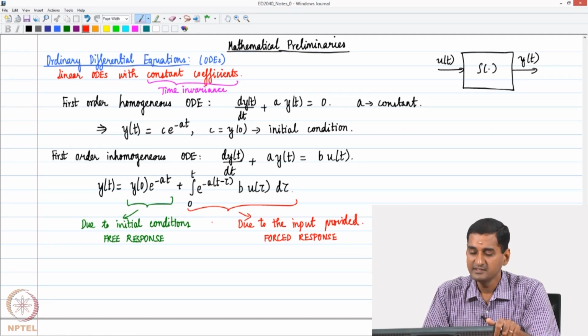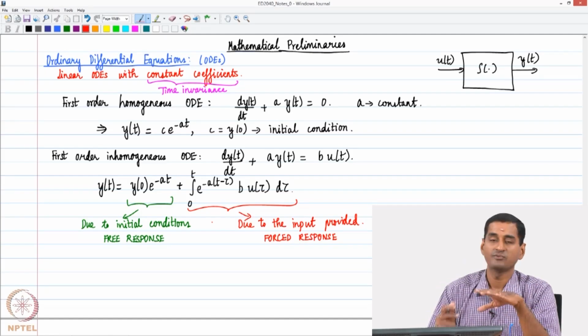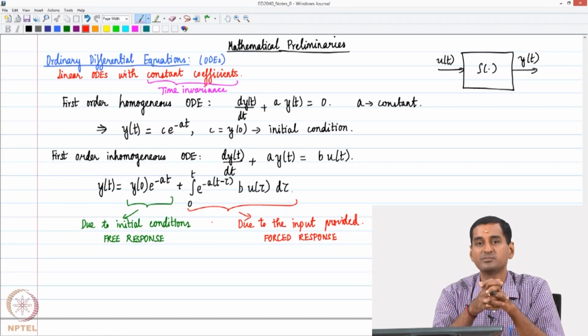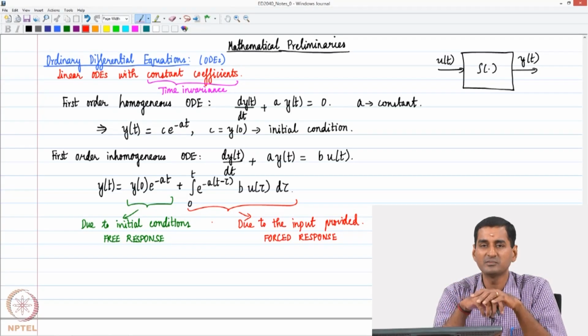And in this process, what we are going to do is use what is called a Laplace transform that helps us go from the time domain to the complex domain and convert problems involving ordinary differential equations into problems involving algebraic equations, so that they are easier to work out by hand.